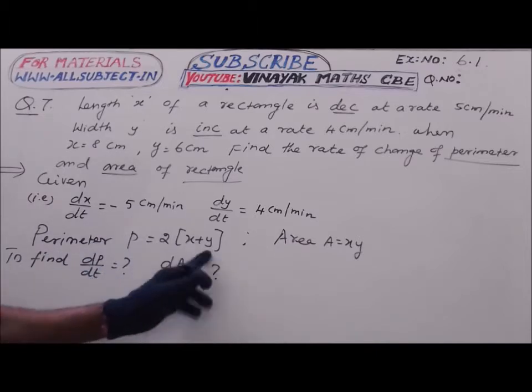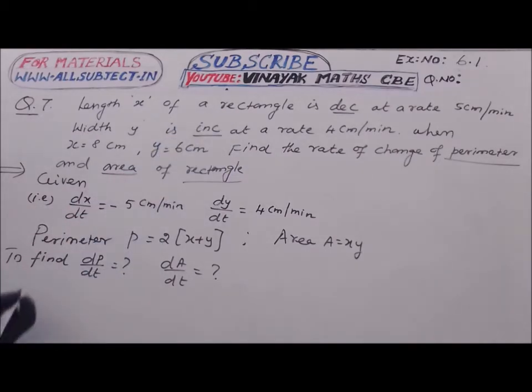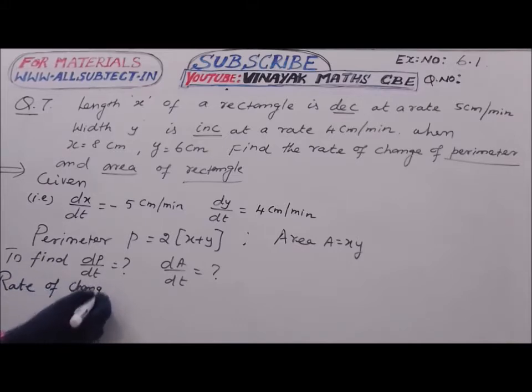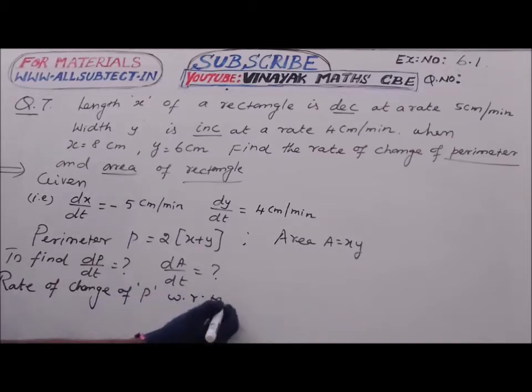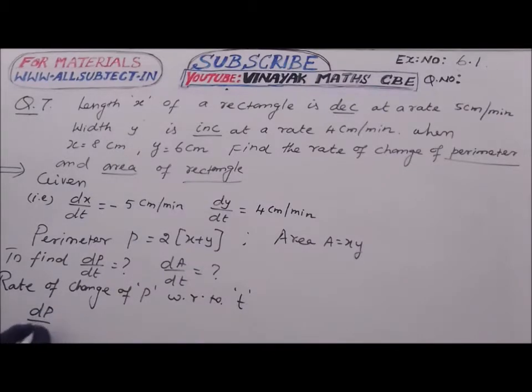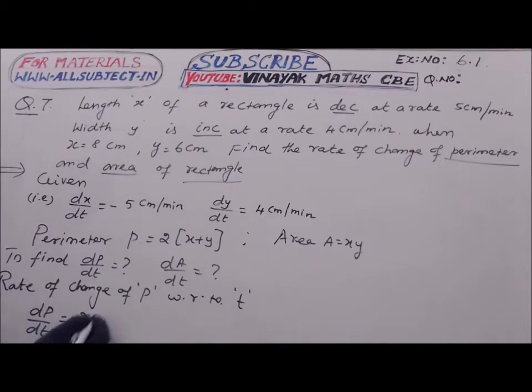So P is 2 into x plus y. Differentiated with respect to time, dP by dt, rate of change of perimeter with respect to time t, dP by dt equal to 2 into x with respect to t is dx by dt plus y with respect to t is dy by dt.